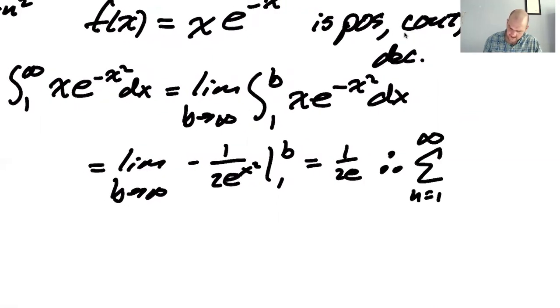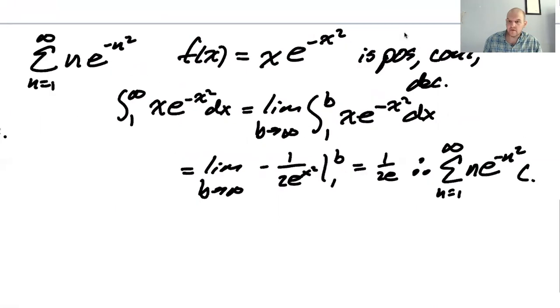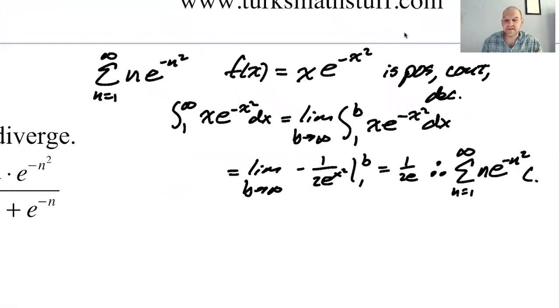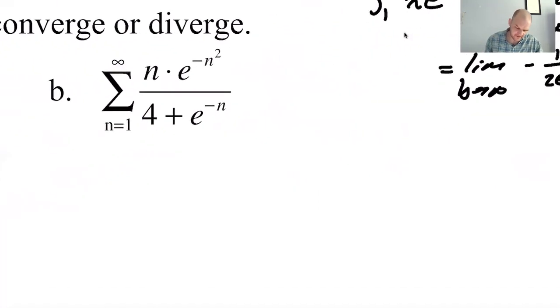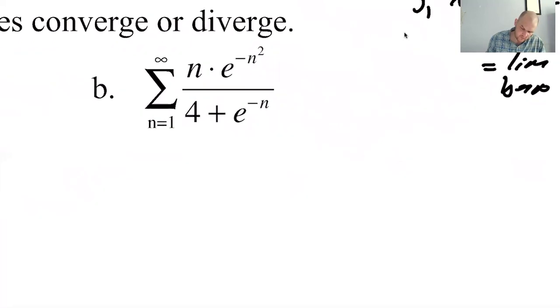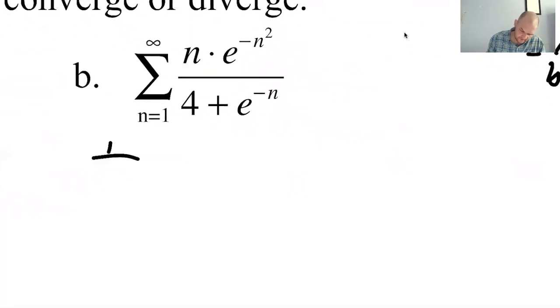So why is this helpful? All right, by integral test. So I use the integral test there. So now I know that n e to the negative n squared converges. So that's useful, sort of, because 1 over 4 plus e to the negative, okay.